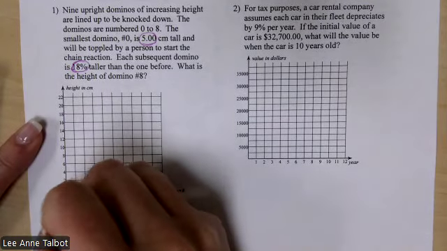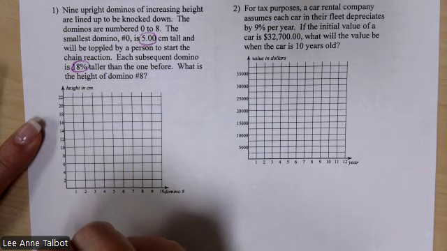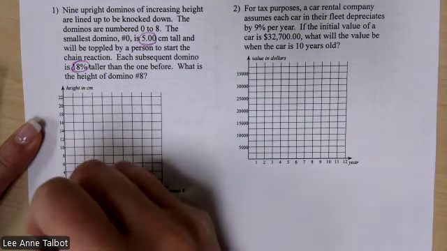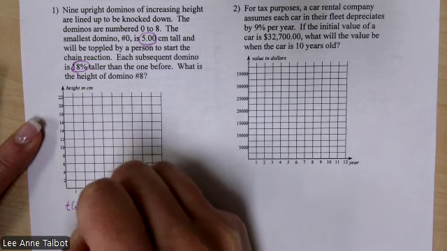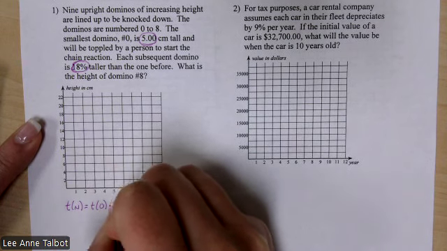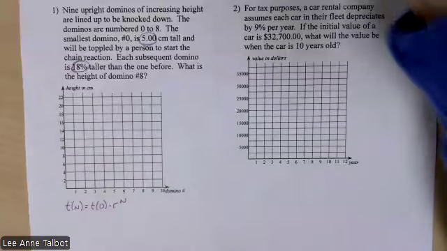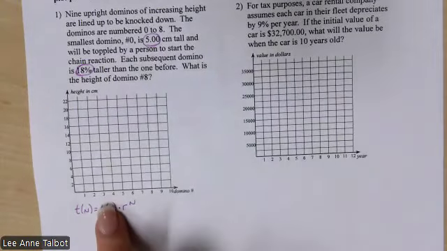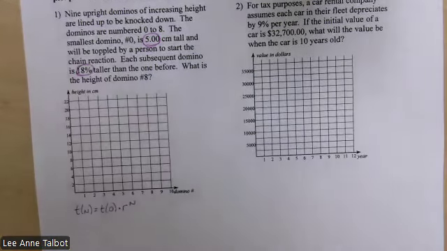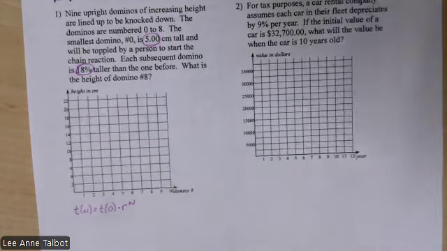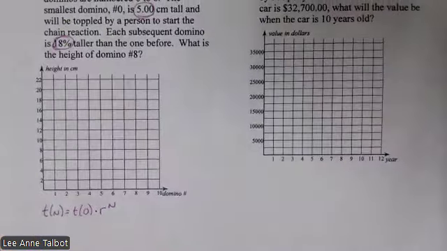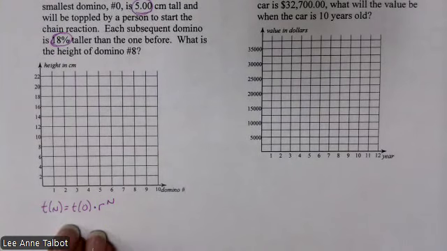Okay, so first, this is geometric, and geometric has an equation T of n equals T0 times r to the n. And hopefully you would see y equals a b to the x living under there. What are the 2 things that we need to plug into this for our equation?